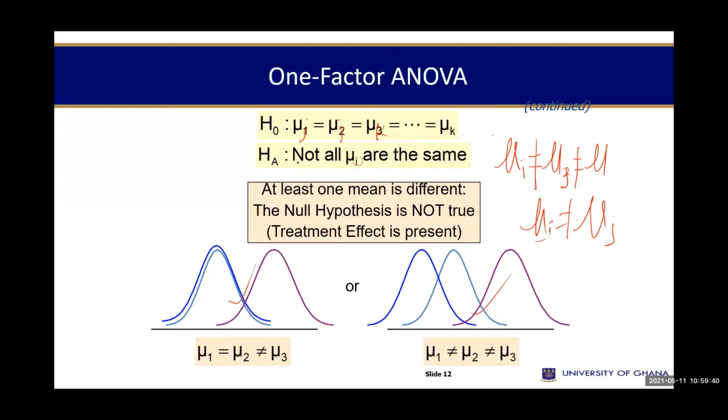In other books too, you see when I write mu 1 is equal to mu 2 is equal to mu 3 for the null, I also write the alternative as mu 1 is not equal to mu 2, not equal to mu 3. It's the same statement being made here. So please note that.